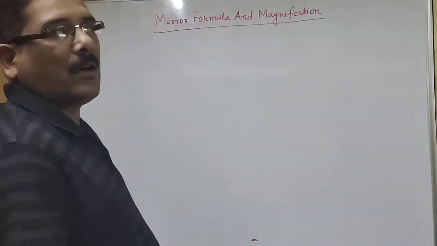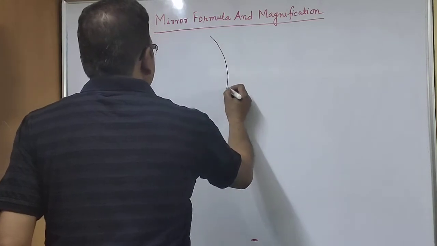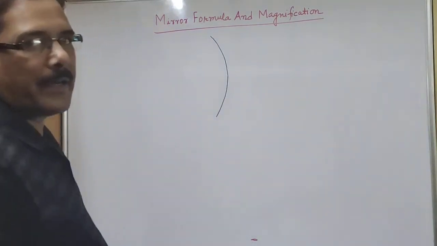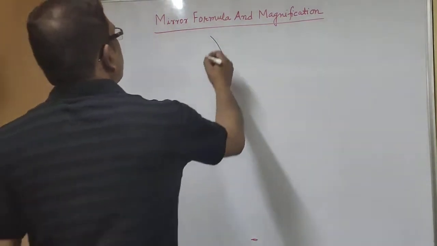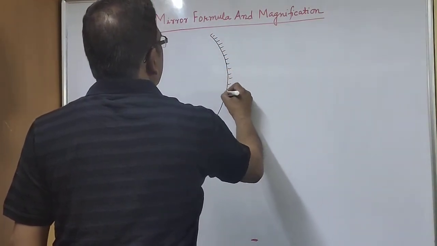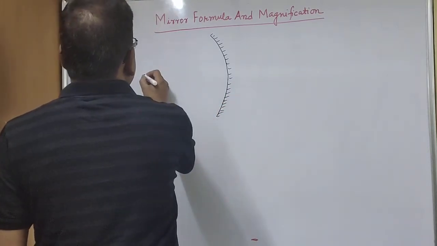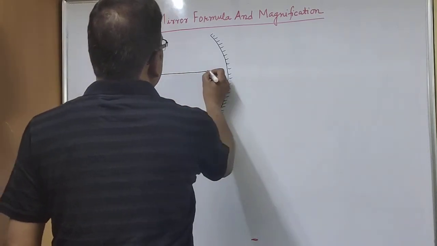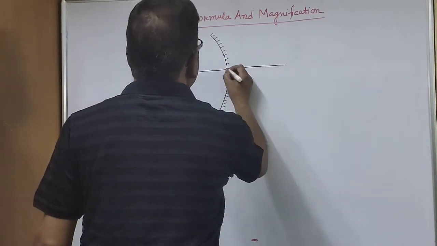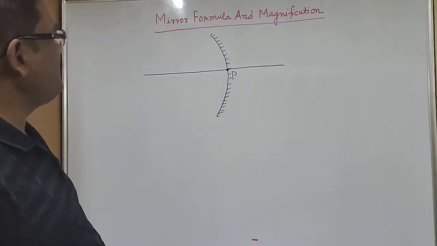So let us recall some of the terms. Suppose we have a concave mirror. Mark a horizontal straight line passing through the center of the reflecting surface, and as you know, this point is pole.